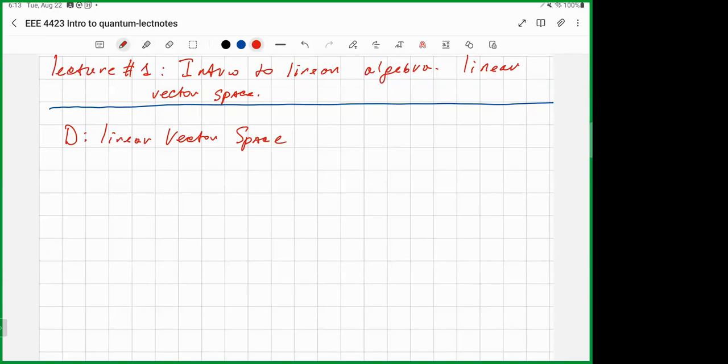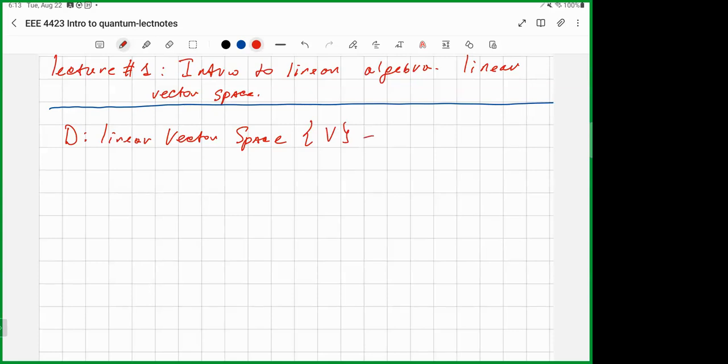Since this is a prerequisite, you're supposed to already be aware of most of this part. We denote this vector space with curly brackets and the name of the space, for example V.